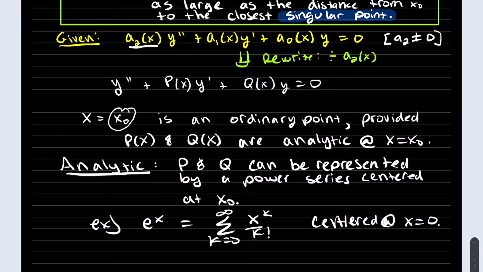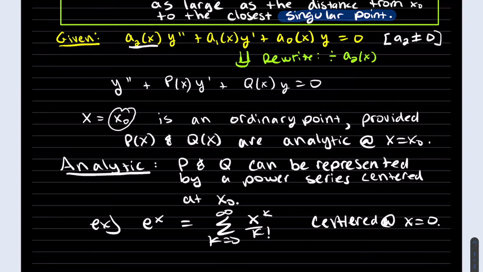Just to give you an idea, if a function's not analytic, like in calculus 2, we used Simpson's rule. It's more of a numerical process that we had to use because we couldn't integrate.